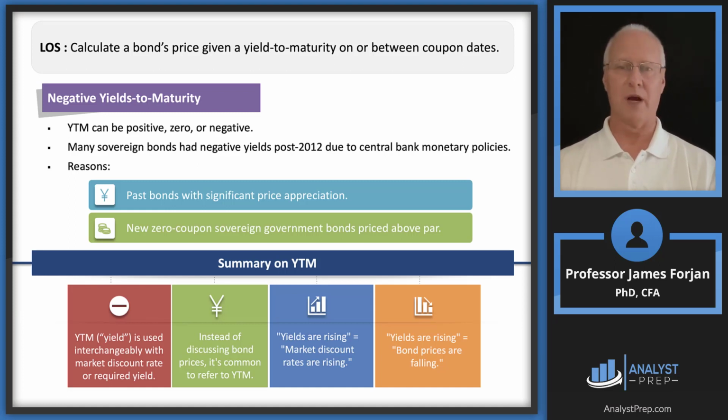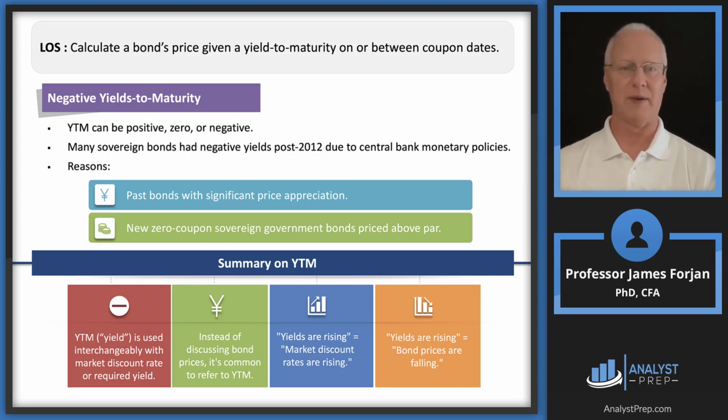Now, the learning module has a short paragraph here on what happens if the yield to maturity is negative. Well, yield to maturity is almost always positive, right? The overwhelming majority. It can be 0 or it even can be negative. But the only time yields are going to be negative is when there is some kind of dramatic change.